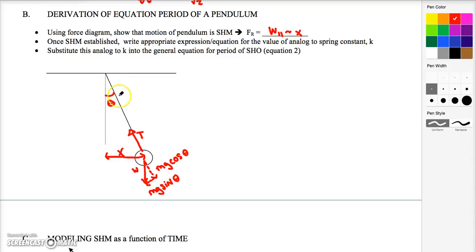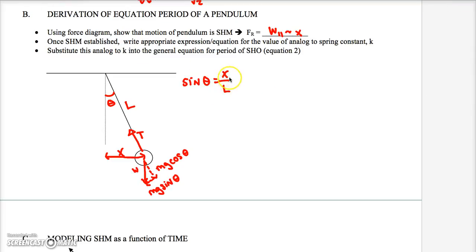And let's call the length of the string L. So the length of the string is L. So you can see that if we just work with distances, the L's and the x's, sine theta is actually equal to x over L.